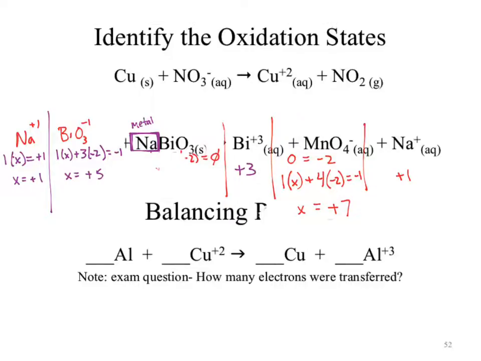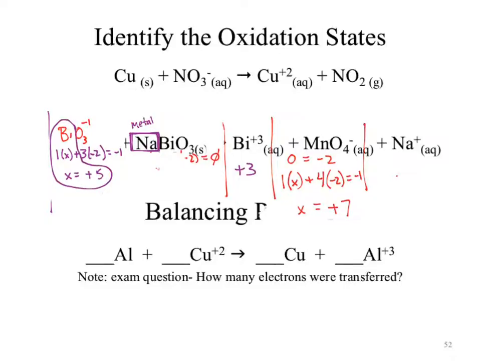Since we've got that one up there with all of those charges, what happened to the oxygen through the course of the reaction? Did it gain or lose electrons? It stayed the same. So oxygen did nothing. Okay, what happened to the sodium? Stayed the same. So I don't care about the sodium either. What happened to the bismuth?